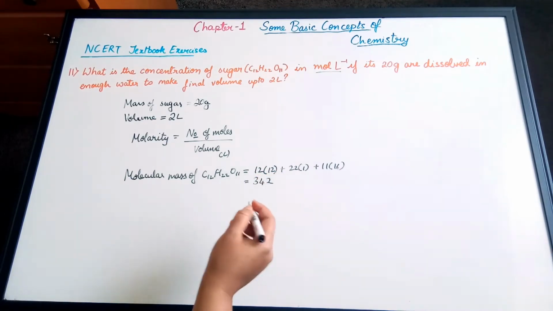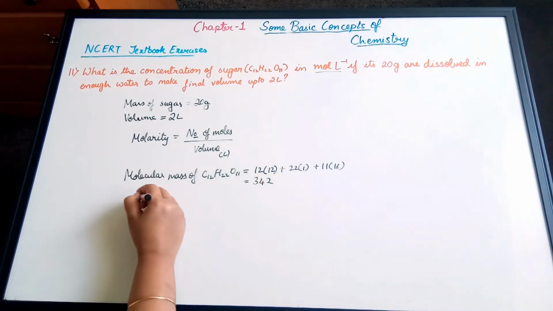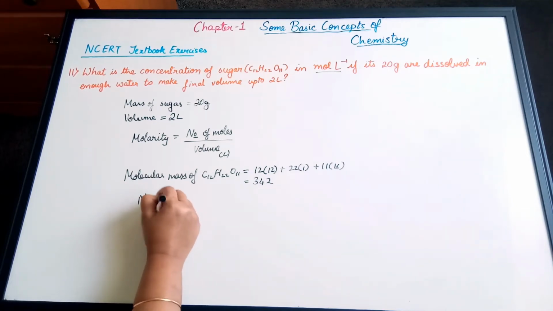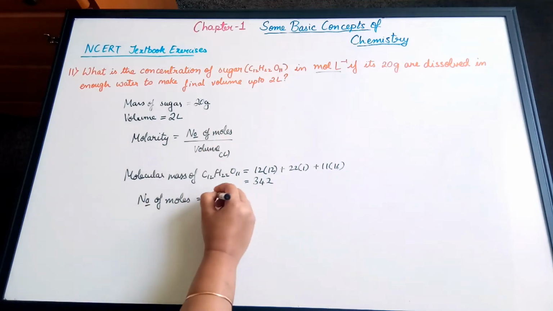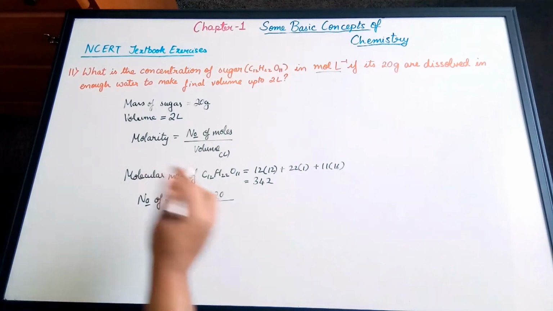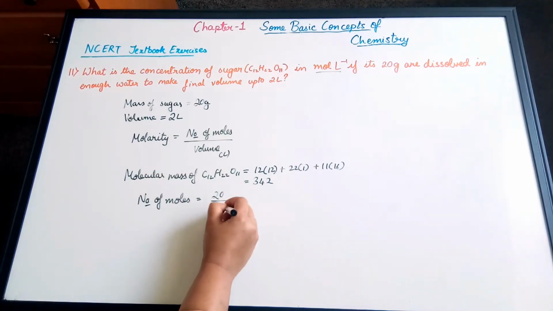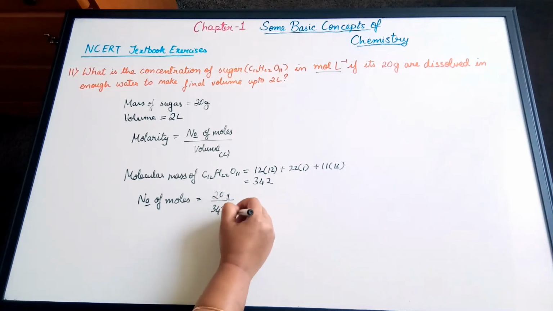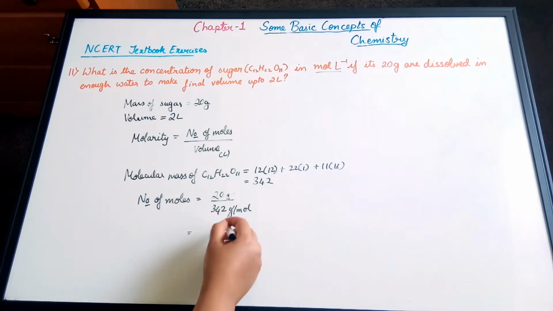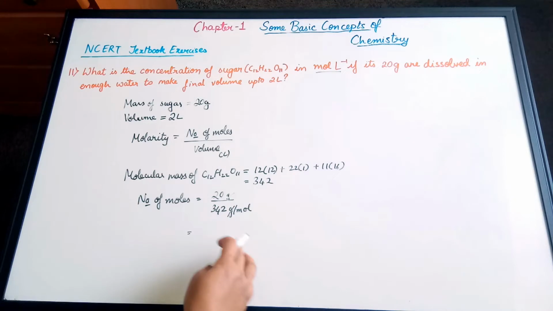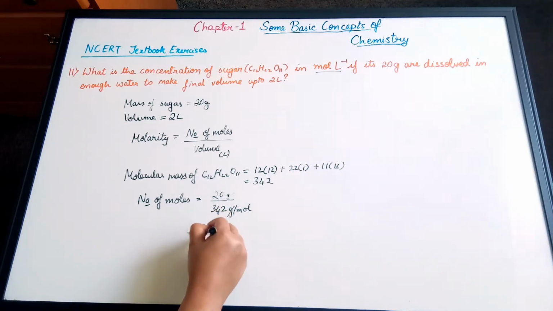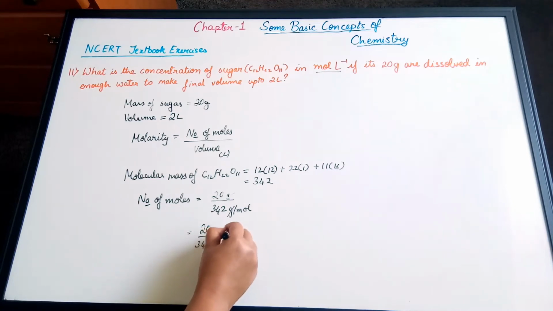So we have the mass, so number of moles equals the mass divided by the molar mass, that is 342. This is in grams per mole, so grams gets cancelled. I'd prefer if we don't simplify this right now, we'll just leave it as 20 divided by 342 moles.